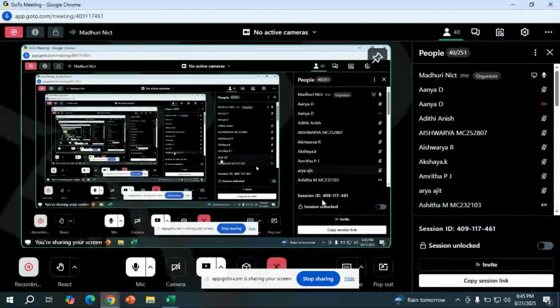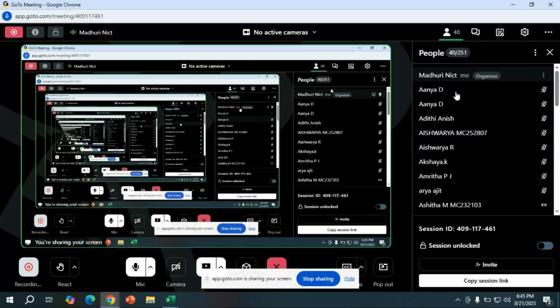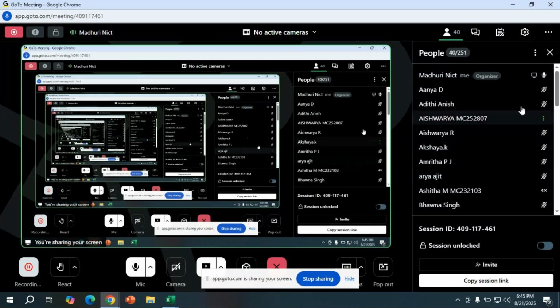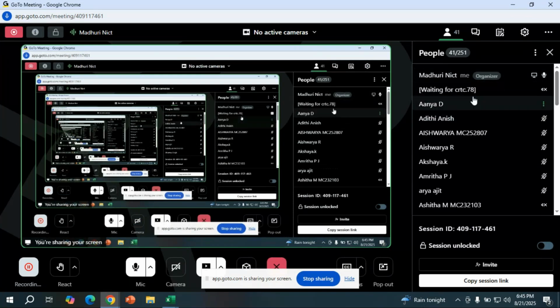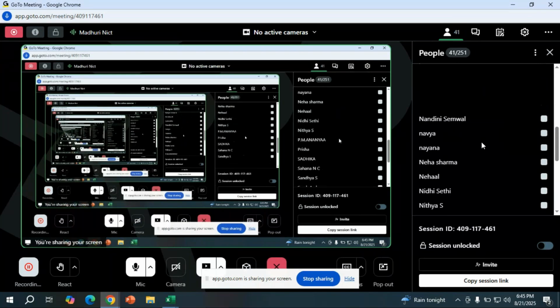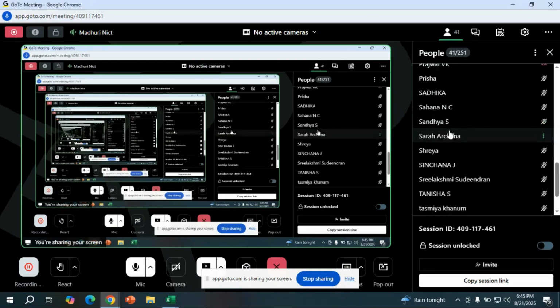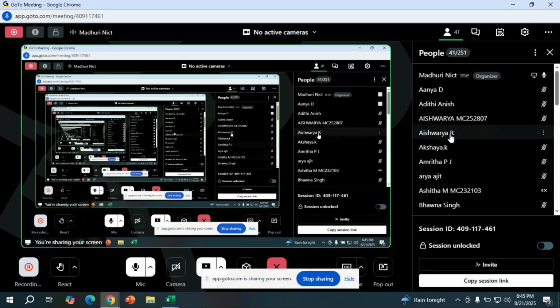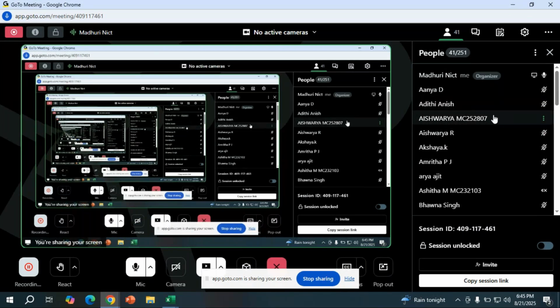Yeah, Shruti, what happened? Shruti Raghuveer, are you there? Yes, ma'am. Yeah, one second. It's showing as waiting. No, I'm not able to find Shruti Raghuveer here as waiting. Otherwise, I can just consider the entry.